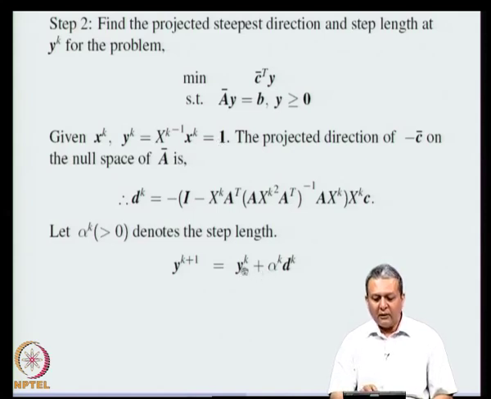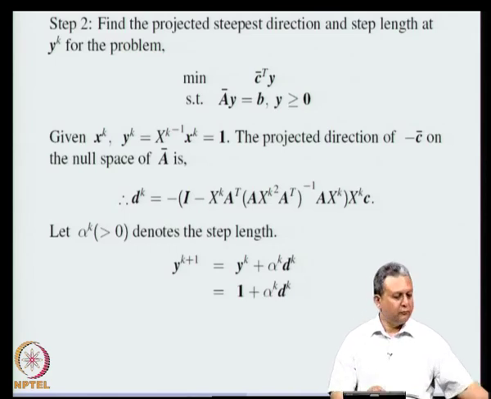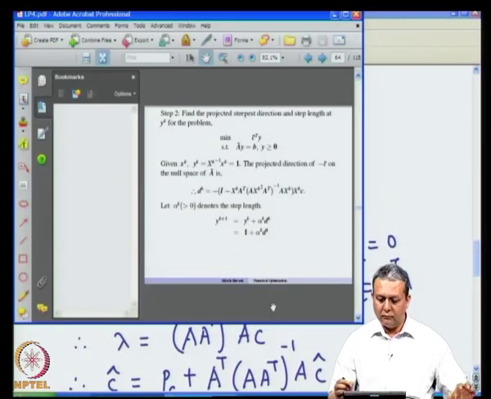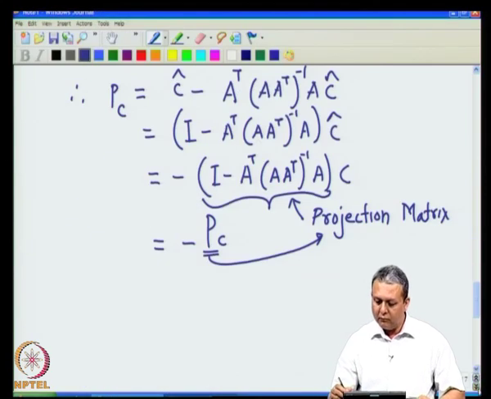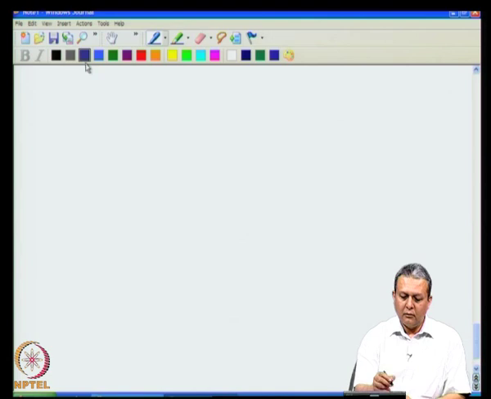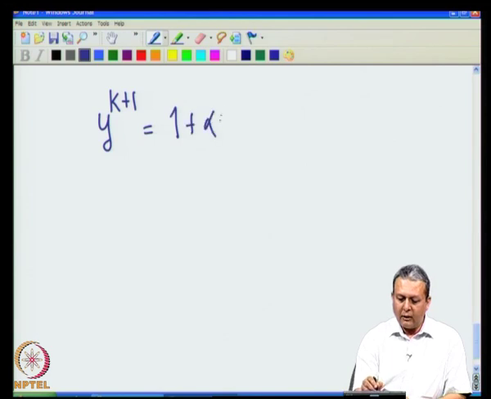So, what we want is that y^k plus alpha k d^k should be greater than 0, or 1 plus alpha k d^k should be greater than 0. We have y^(k+1) equal to 1 plus alpha k d^k.